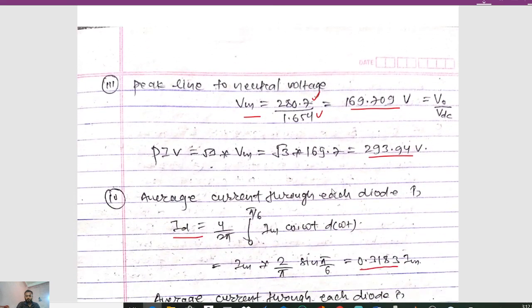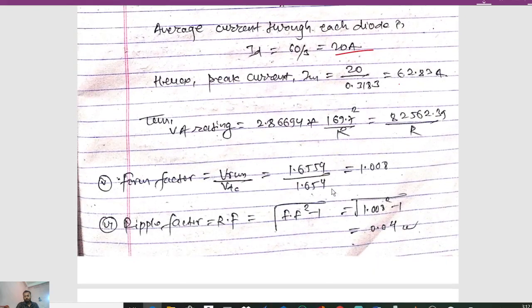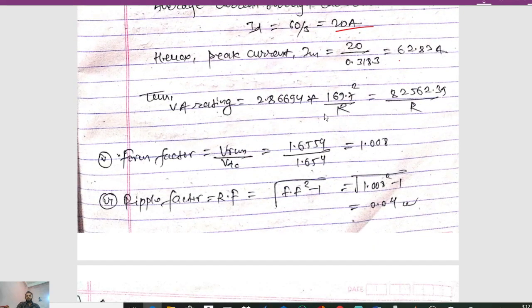The voltage rating will be 2.86694 into 169.7 square upon R, so we will get 82562.39 upon R. And to calculate the form factor we have Vrms upon Vdc, and we have Vrms obtained here as 1.6554 upon Vdc as 1.654.